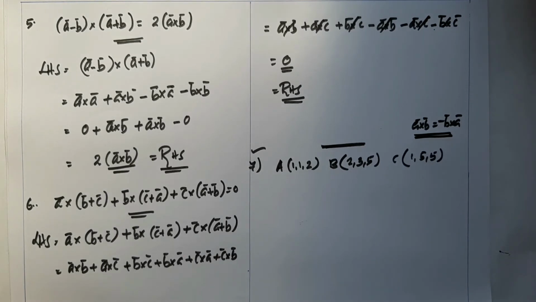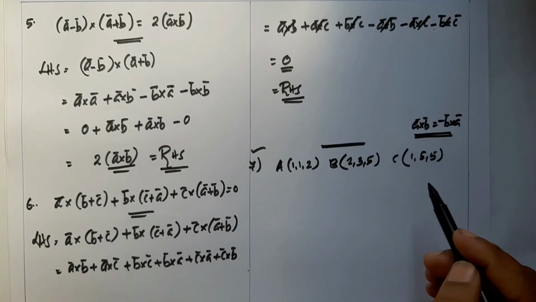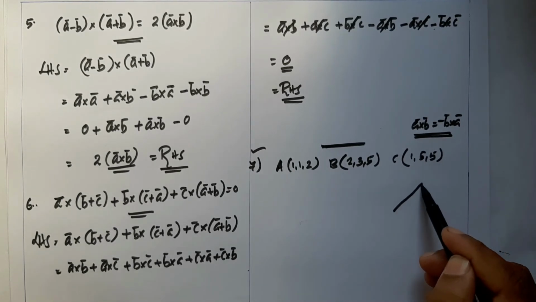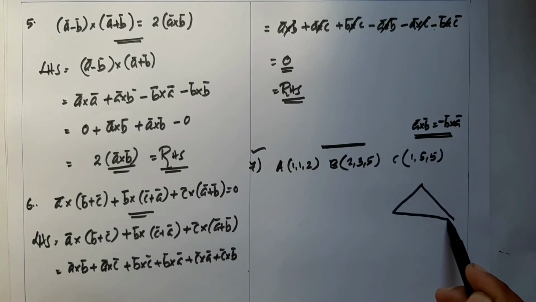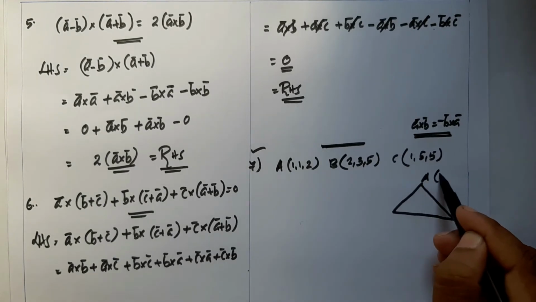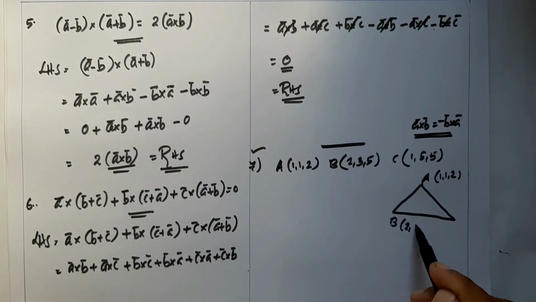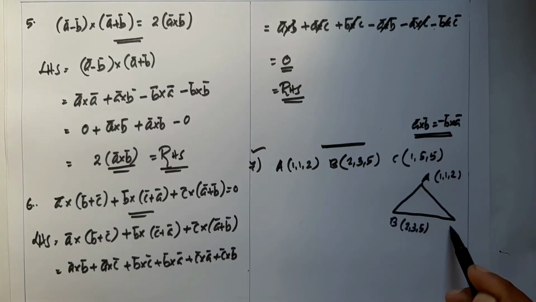We find the area of a triangle whose three vertices are A (1, 1, 2), B (2, 3, 5), and C (1, 5, 5). Actually, we form adjacent sides.